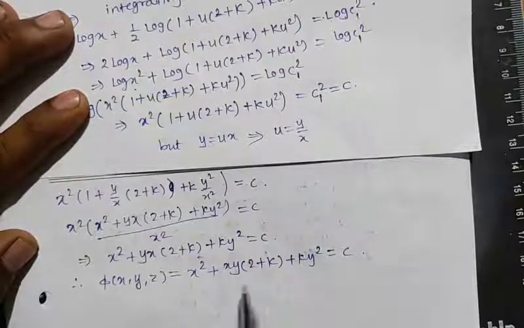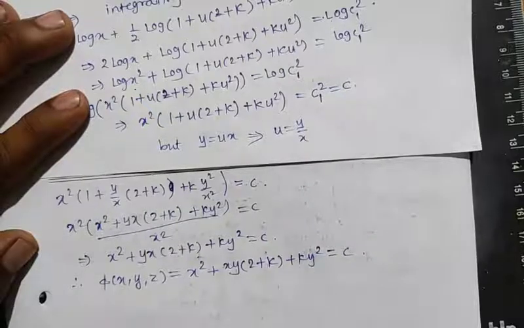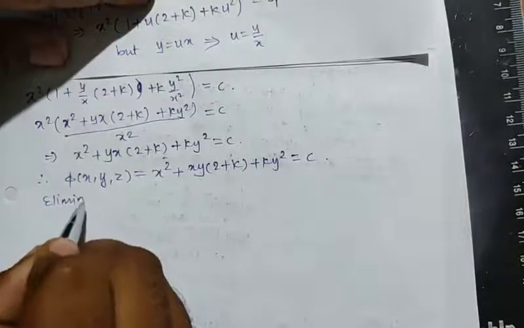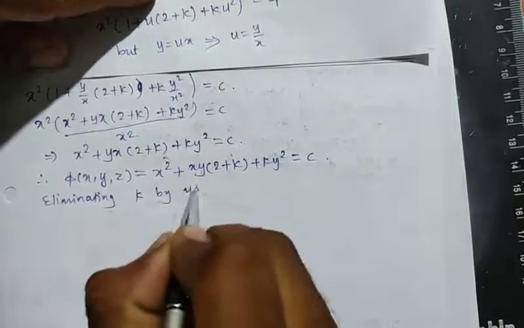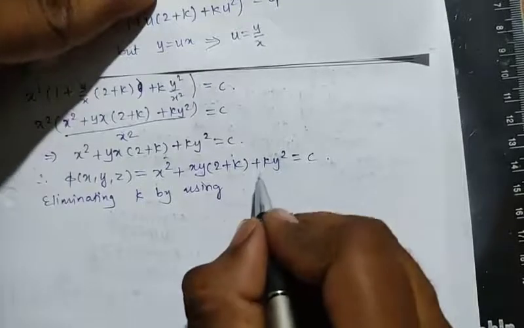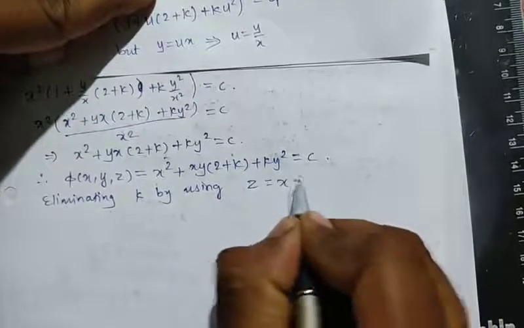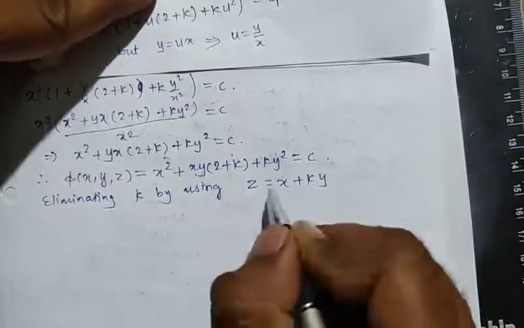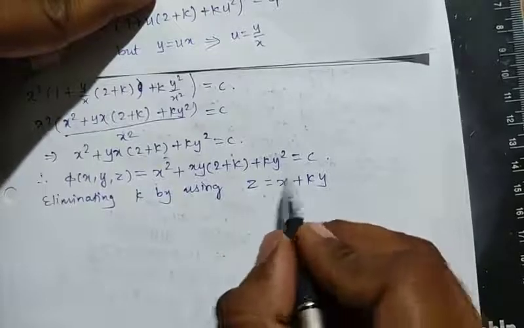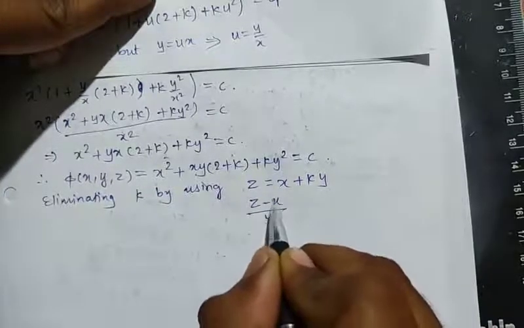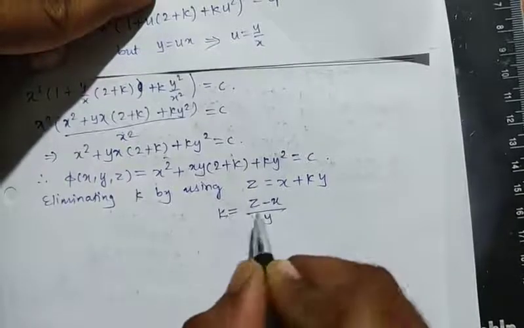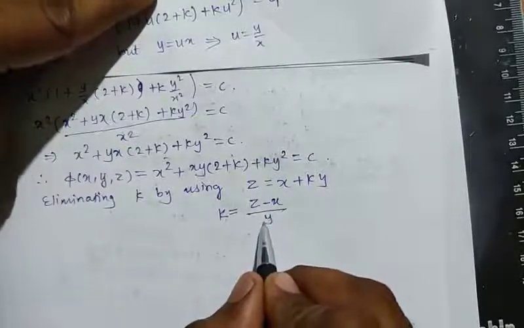Now we eliminate k. Using the value z is x plus k y, we solve this equation for k and get k equal to (z minus x) upon y. So we use this value of k in this equation.